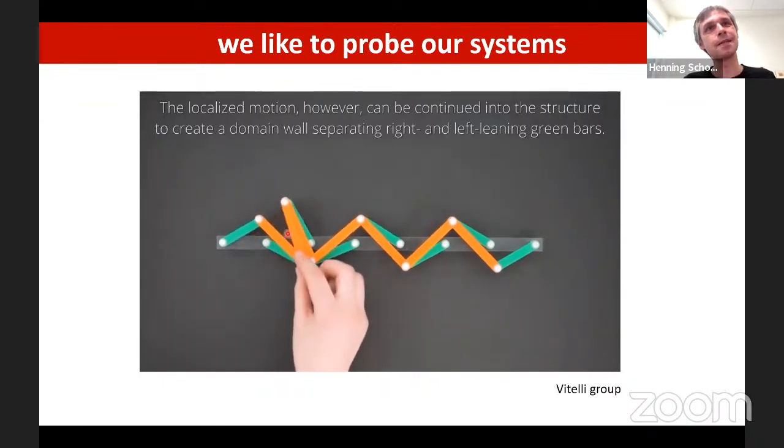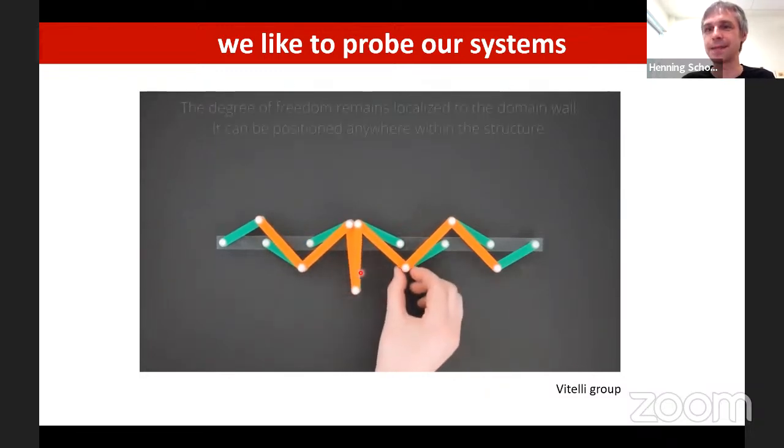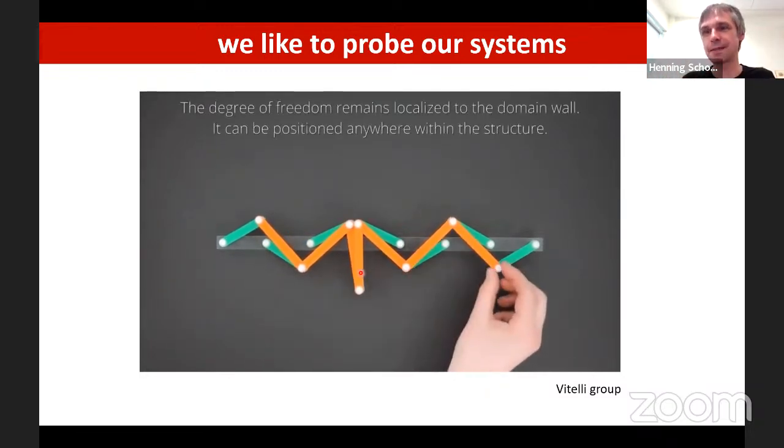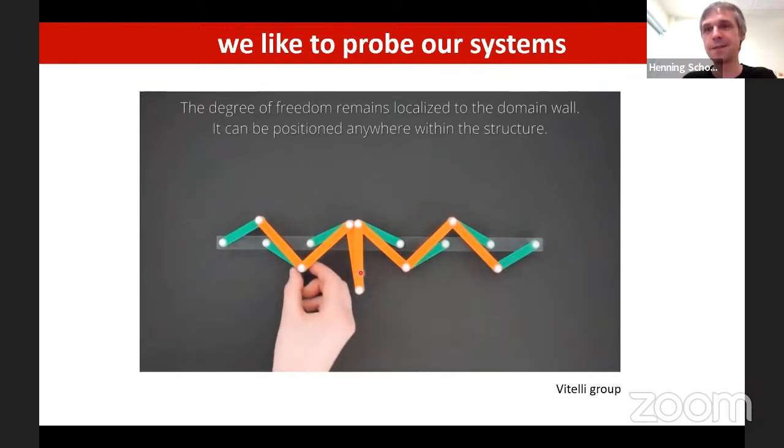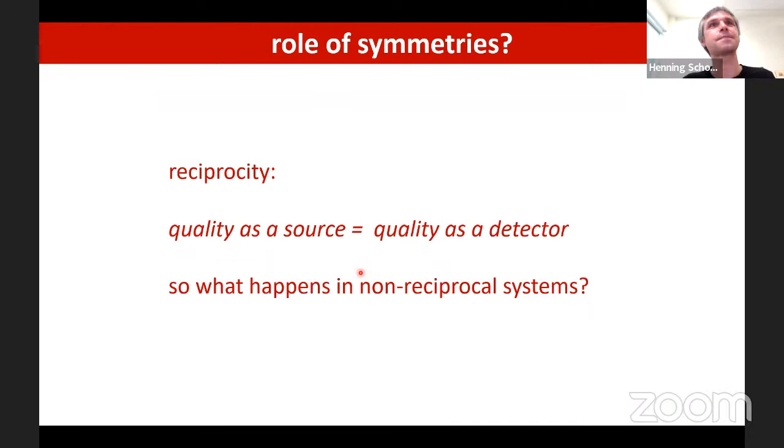And you should now wonder, how do we actually read off the wave functions and the energies in this setting? And by how strong does our system actually respond when we do certain things to different parts of the system, just as we see here. And now, what is the role of symmetries? In our setting, in particular, often things happen when we break time reversal symmetry. In optics, this is related to reciprocity and makes the game very simple.